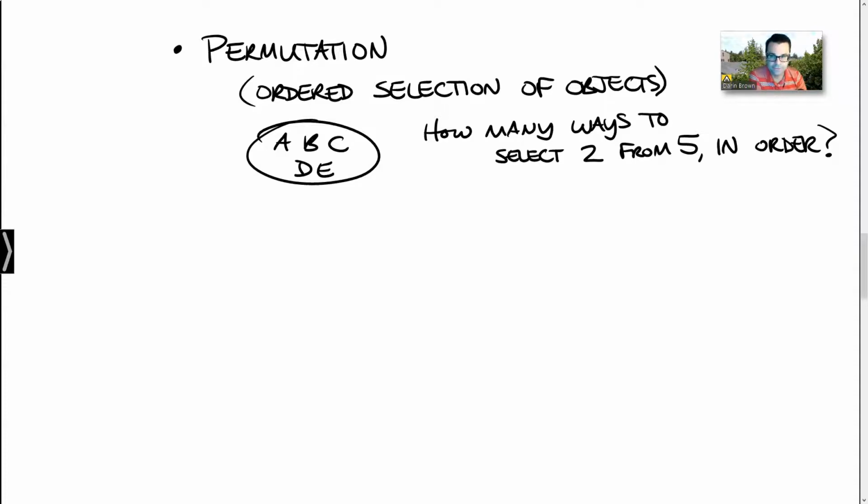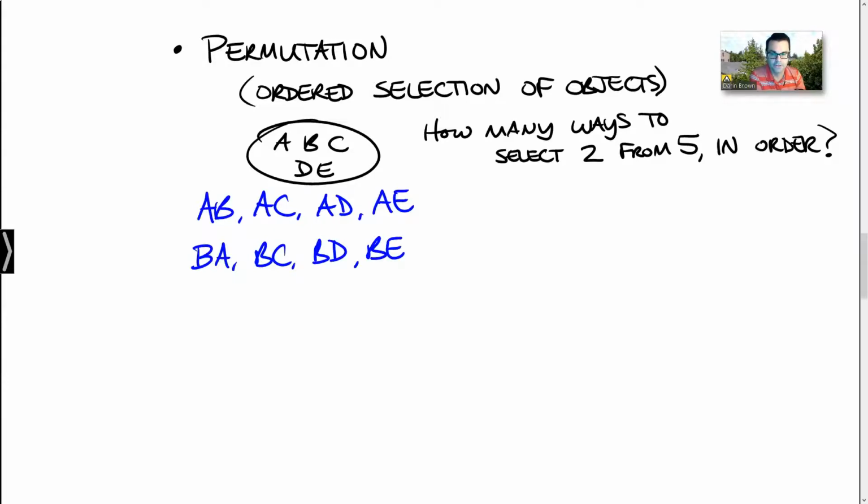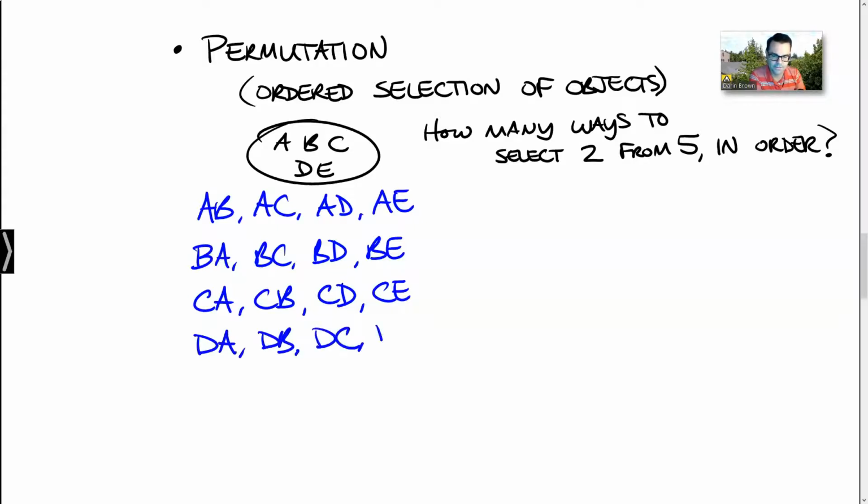We could select A first, and then after that, we could select B, C, D, or E. We could select B first, and then do A, C, D, or E. We could do C first, and so on. So you see the pattern here. Or we could do D first, and then A, B, C, or E. So the point is we want to know how many of these there are without writing them all out every time. Here there's 20.